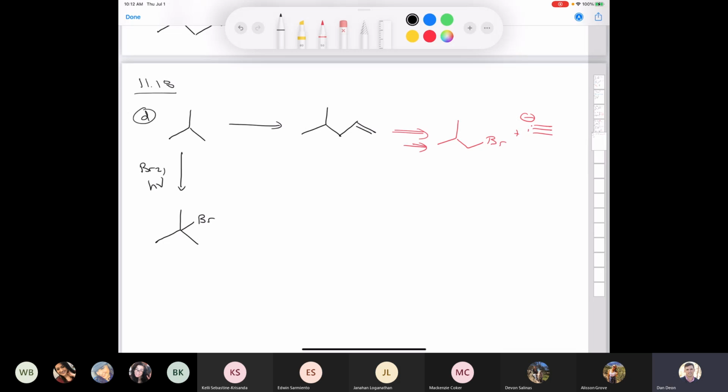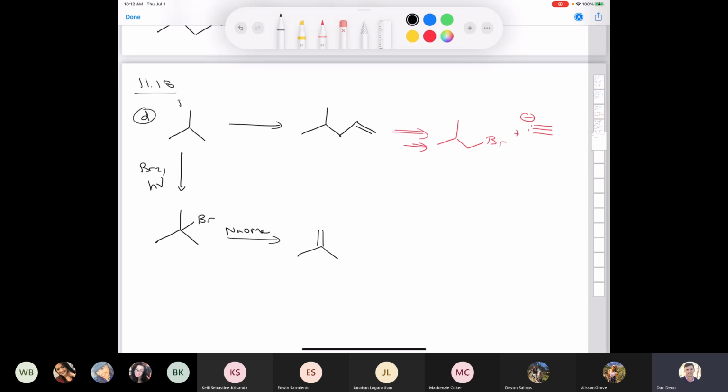And then if we treat this with a base, we can make isobutylene, which is the compound I had in my brain when I was thinking about this. For that, we can treat it with any number of bases, but this is a tertiary alkyl halide, so we're not going to get any substitution. So we could even just treat it with sodium methoxide, and that's going to give us this compound.